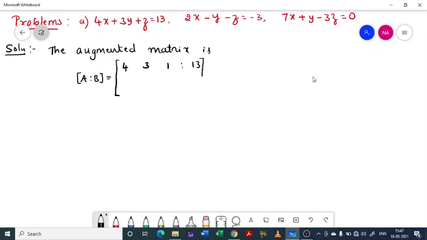For the second row, we write from the second equation: 2 minus 1 colon minus 3. Third row: 7 1 minus 3 colon 0.